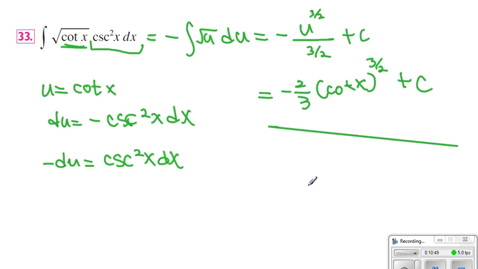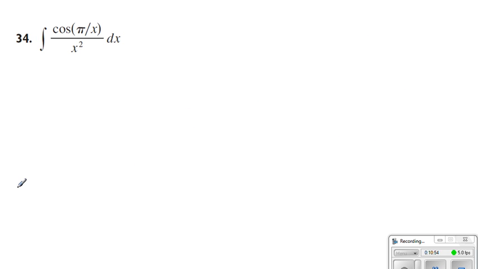All right, now let us look at number 34. Here, what should we have u as? Yes, in fact, if you consider pi over x and set u as that value, then du becomes negative pi over x squared dx.